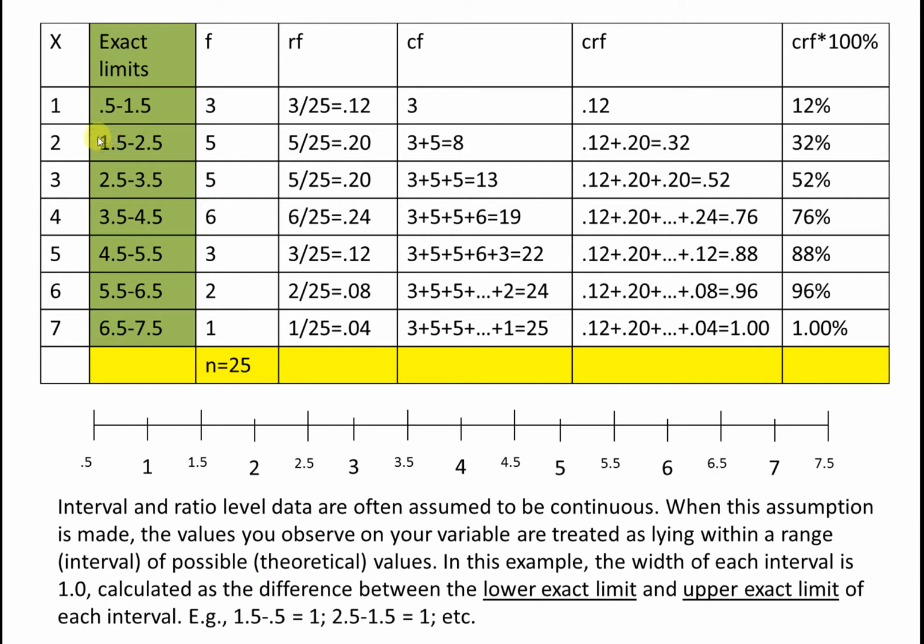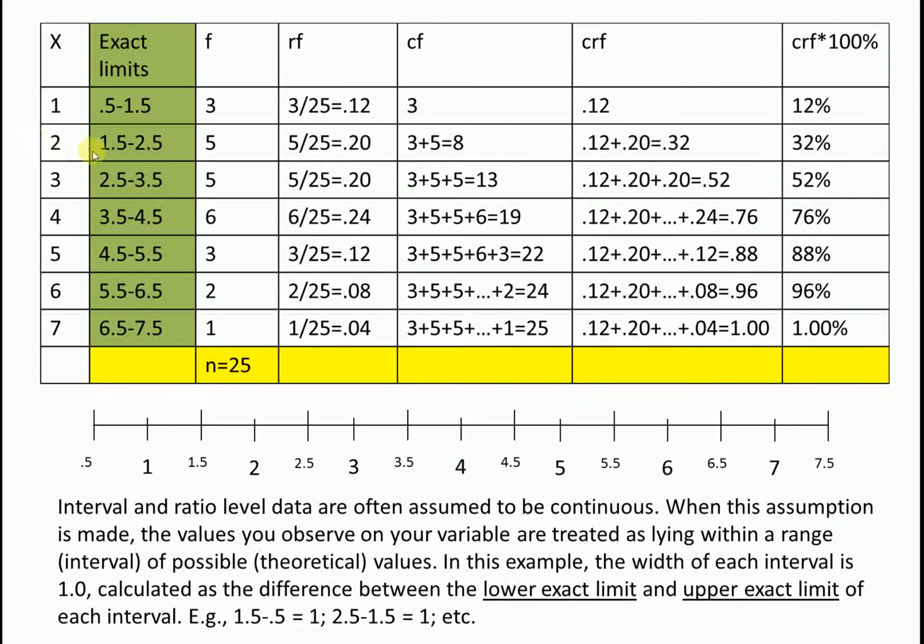In other words, the values that we might really observe if we had enough precision might be, say, 0.75, 1.032, 1.496. Those values theoretically would fall between 0.5 and 1.5. But we observe in our data a value of 1, and so the 1 is a placeholder for values that could fall within this range.